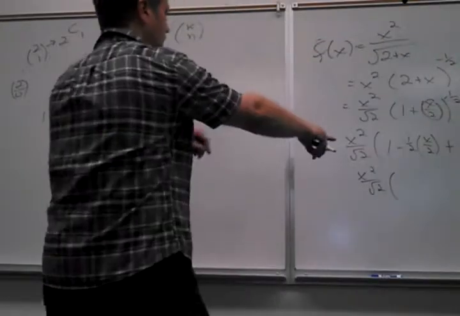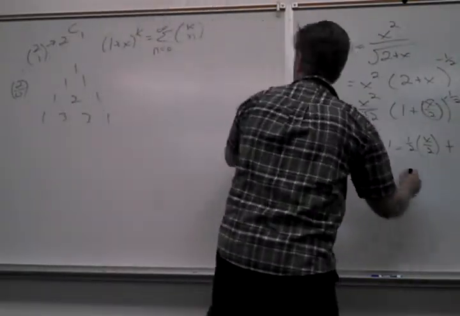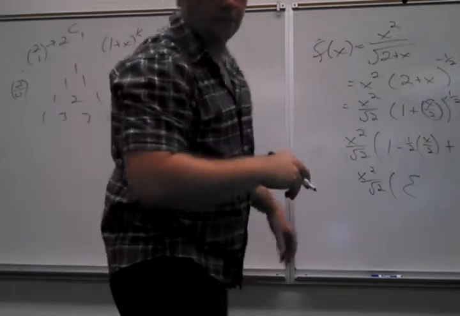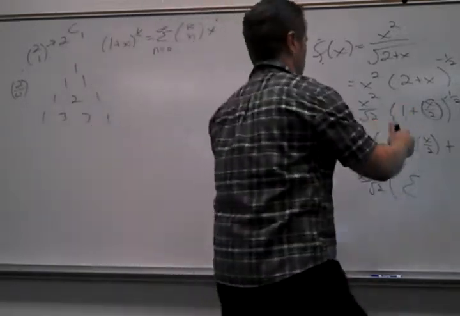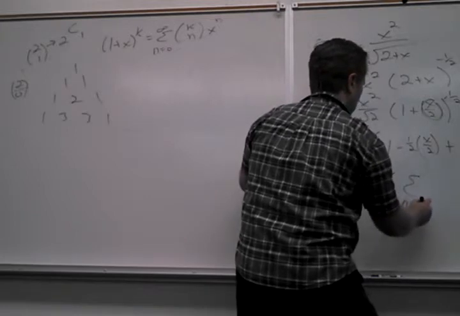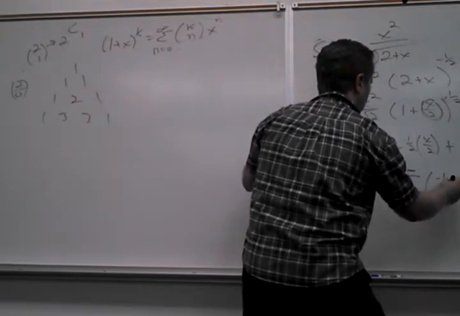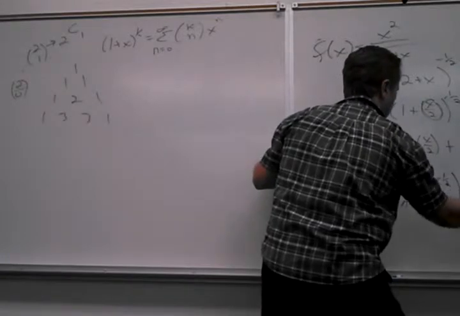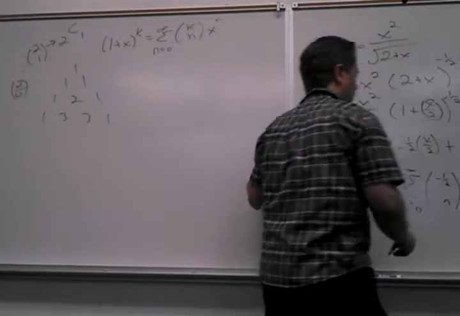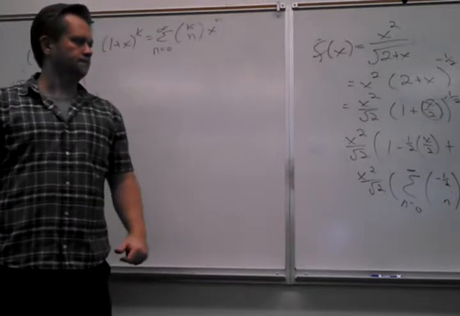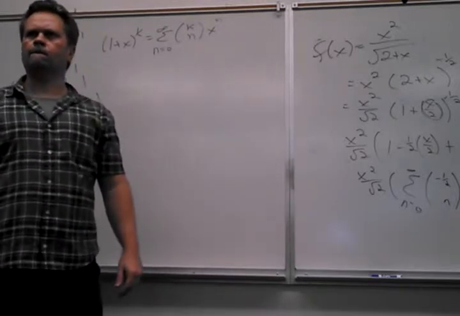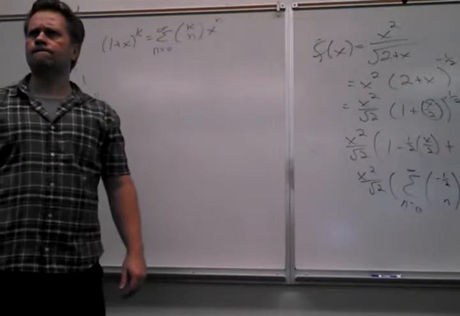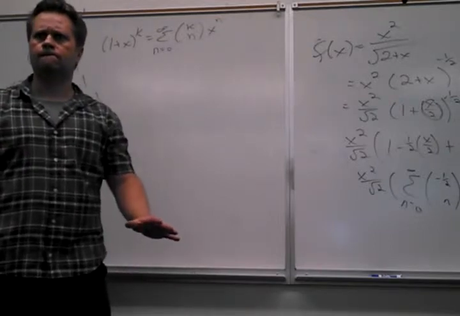So if I wanted to write this series, it would be, oops, I left this out. Sum n equals 0 to infinity, negative 1/2 choose n, and then x over 2 to the n. You can pull the x squared through, right?